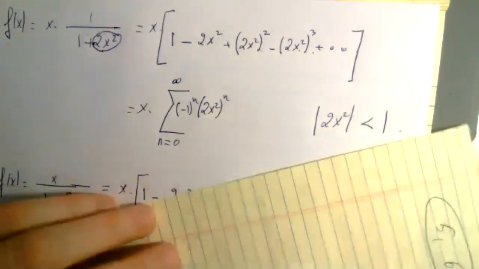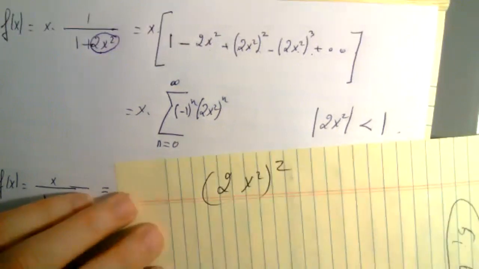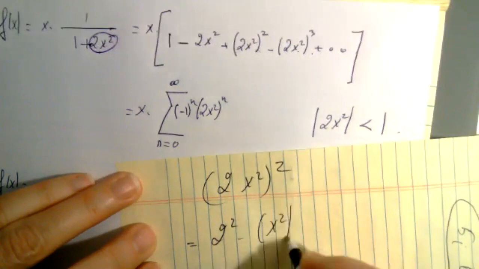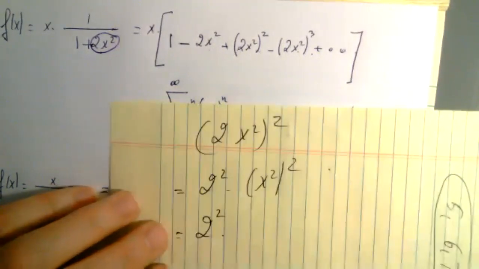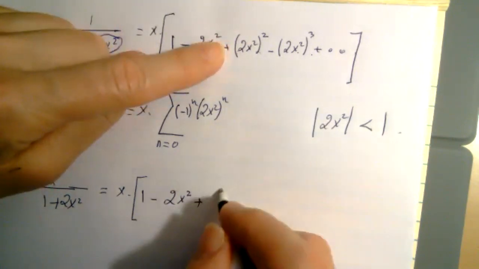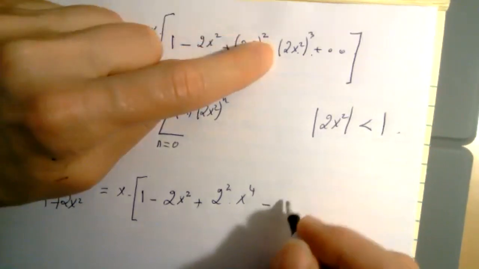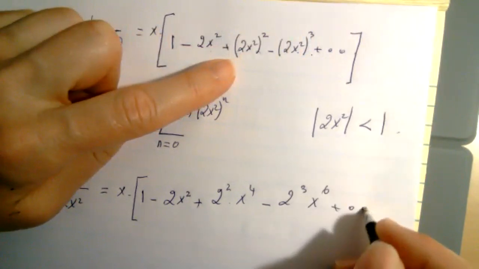So 2x squared, let us remember, is basically 2 squared x squared squared. Now we're gonna keep it 2 squared, so this for the pattern, and x squared squared, you multiply the power. So it's gonna give me plus 2 squared, x squared squared is x4, minus 2 cubed, x squared to the power 2, we multiply the power, plus dot, dot, dot. There are a lot of terms.